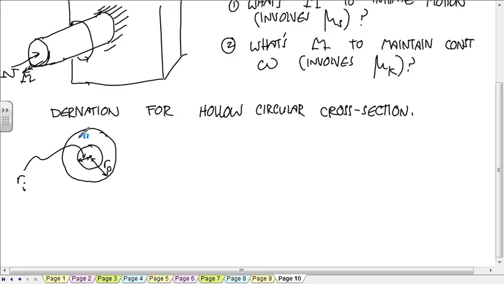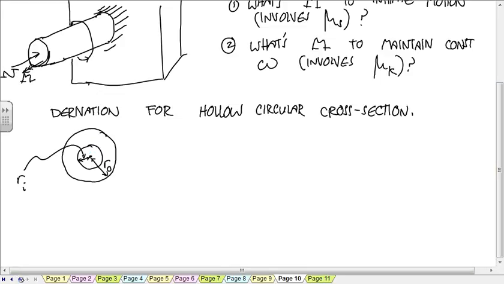So is there some way that we can calculate the moment by just taking a moment arm and multiplying it by the friction force? That'd be nice. But the problem is that every infinitesimally thin ring that makes up this cross-section has a different moment arm. You know what I mean? And so the way we're going to derive it is we're going to do it as an integration where we break it up into infinitesimal rings and calculate the moment produced by the friction on each one of those rings. Okay, can you sort of picture what I'm talking about?